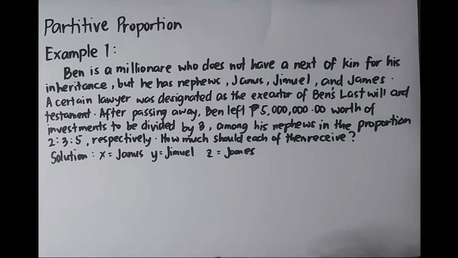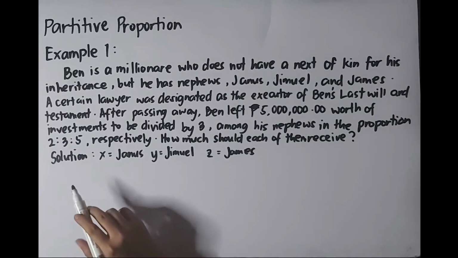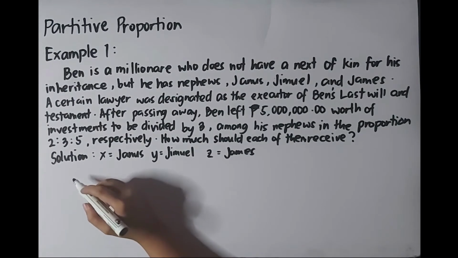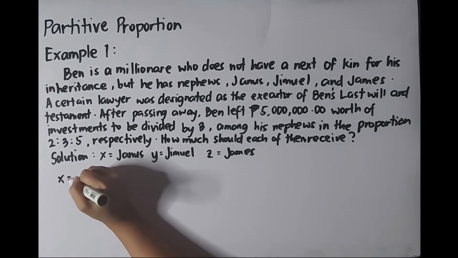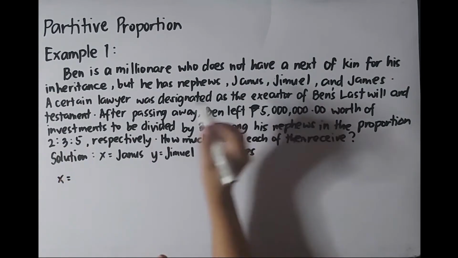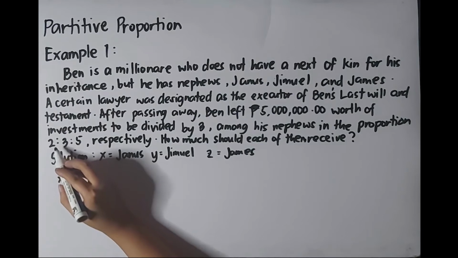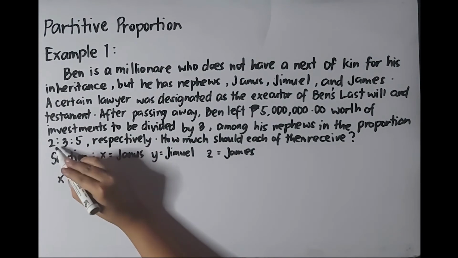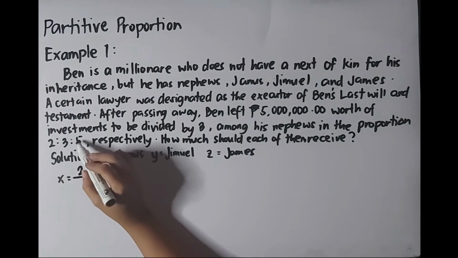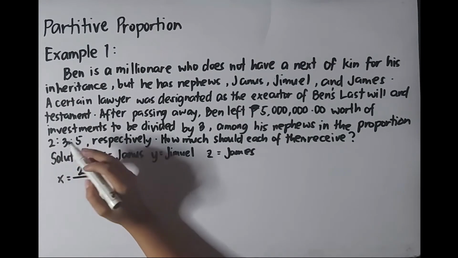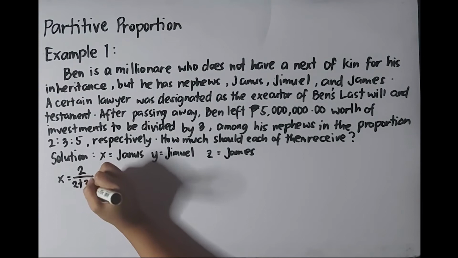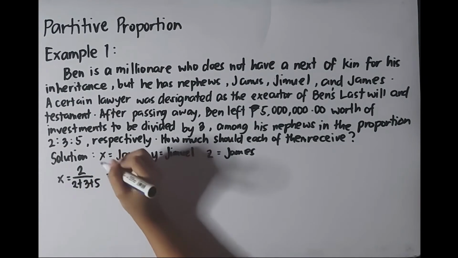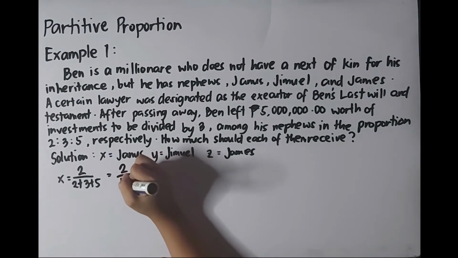So for X, for Janus, there is 2 in the proportion. So 2 over the total of the parts. This is 2 plus 3 plus 5, which equals 2 over 10.